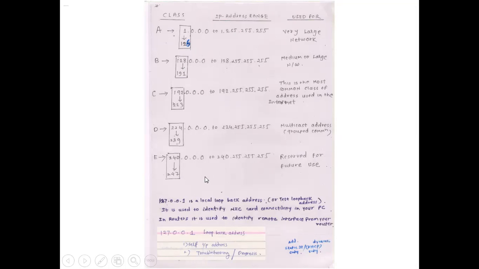127.0.0.1 is the local loopback address, or test loopback address. It is used to identify network interface card connectivity in your PC. In routers, it is used to identify the remote interface from your router.